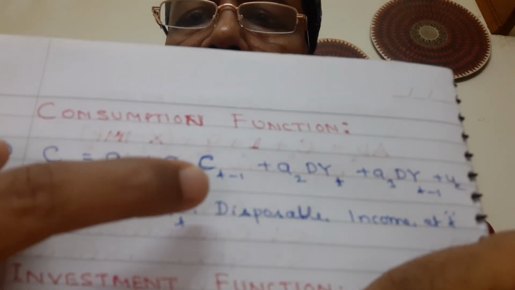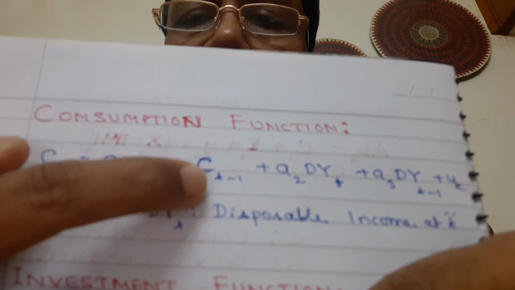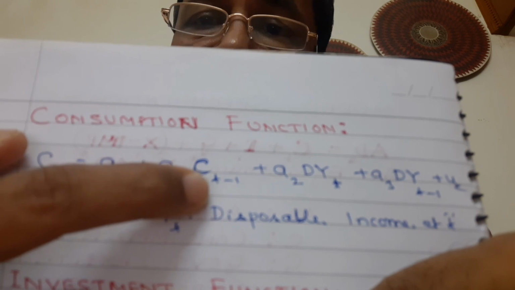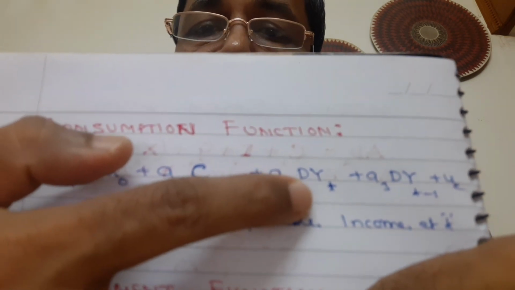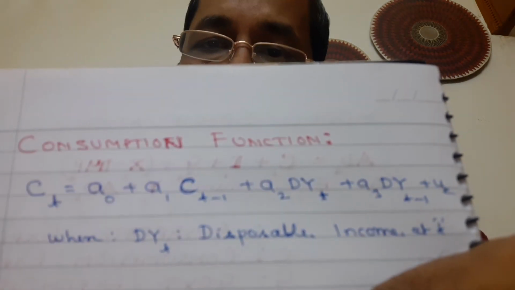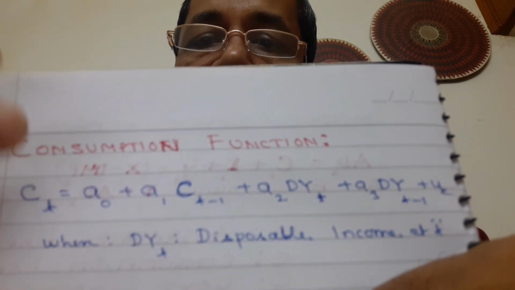The lagged endogenous variable Ct minus 1 is a predetermined variable. This is an endogenous variable dyt, but dyt minus 1 is again a lagged endogenous variable, so it is a predetermined variable, right? So in the consumption function we have 2 predetermined variables. So small k is equal to 2 in this case.